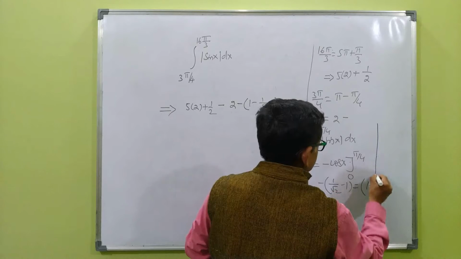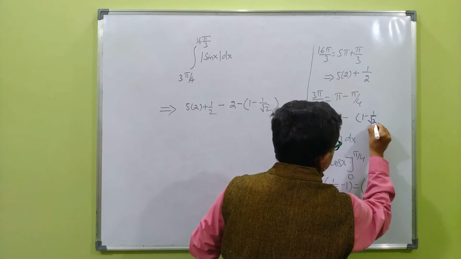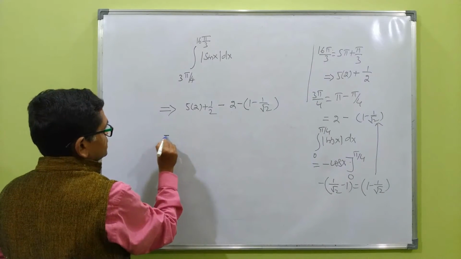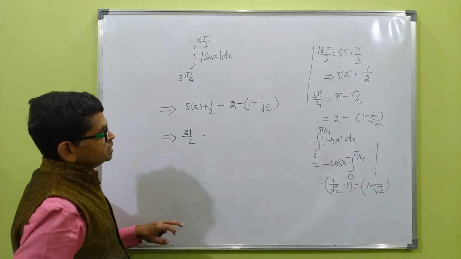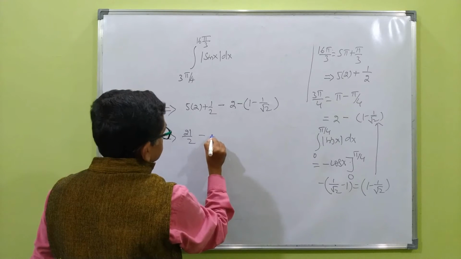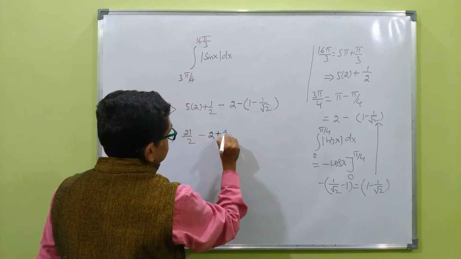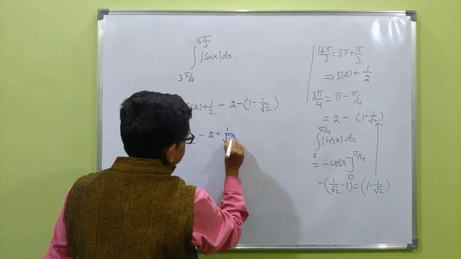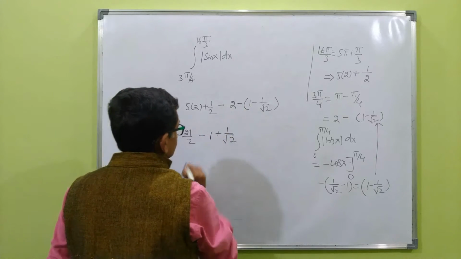This will be 1 by root 2, it comes here. So you have to subtract those two. That implies 21 by 2 minus 2 minus 1 plus this, minus 2 plus 1 by root 2. This will become 1, 2 minus 1 is 1.